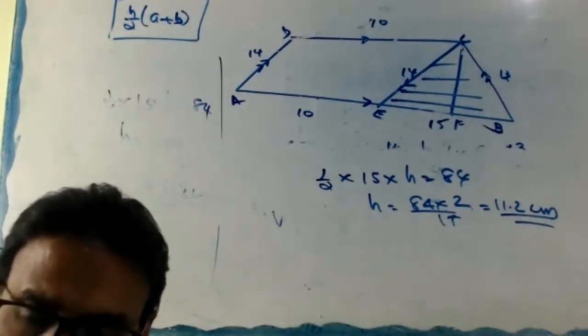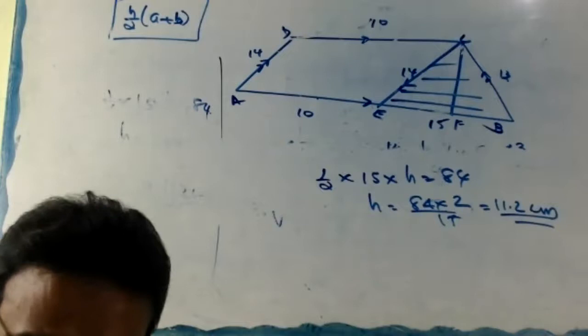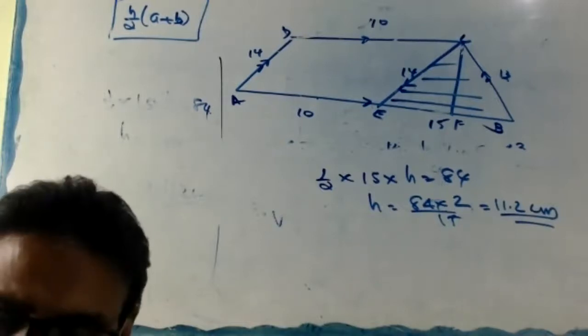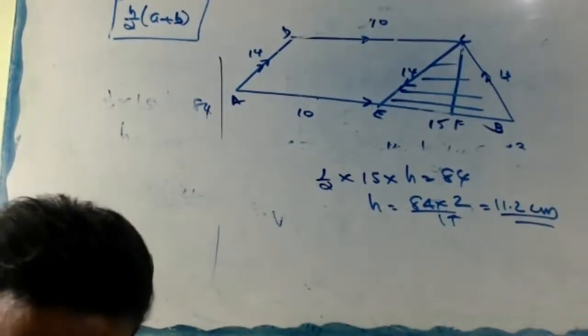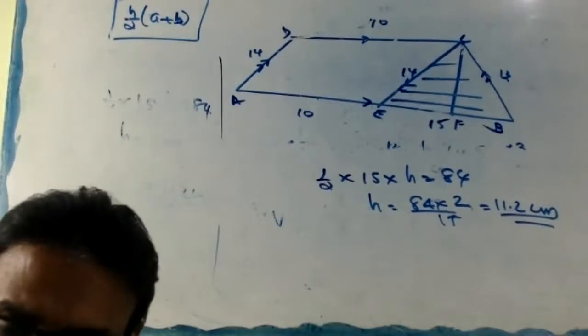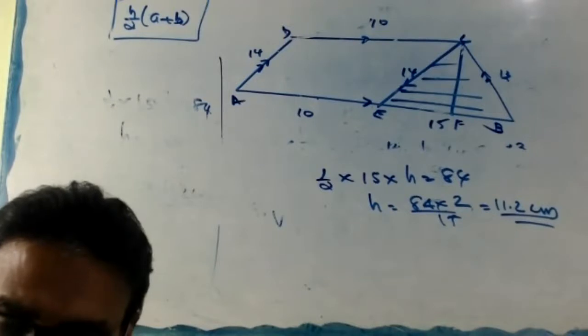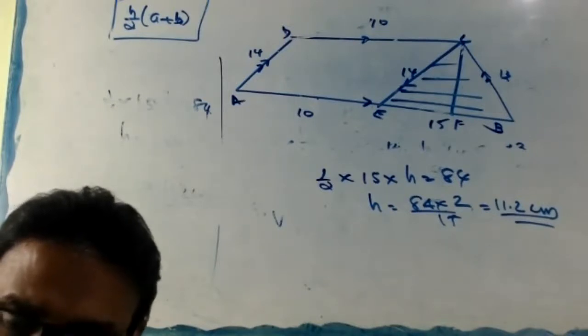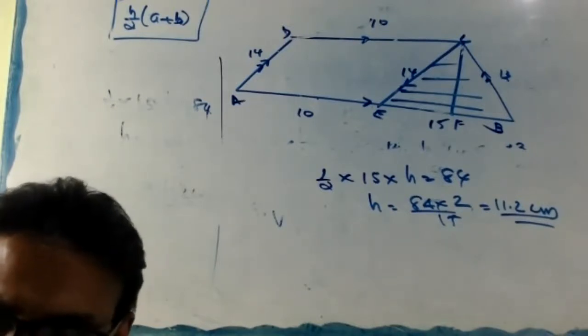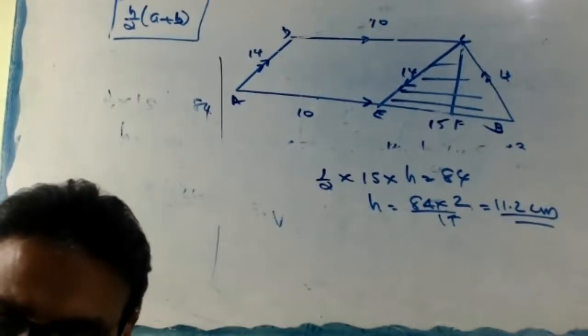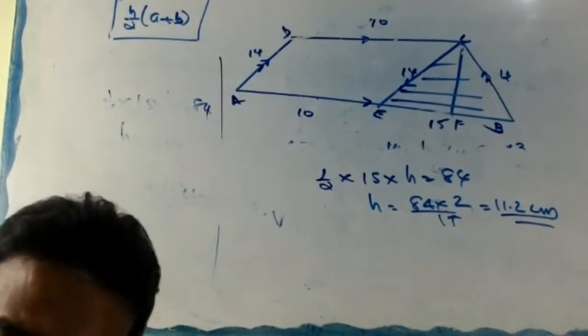Normal area of a triangle? I didn't understand what you're asking. Any triangle you can find using Heron's formula. Half base into height is another formula.